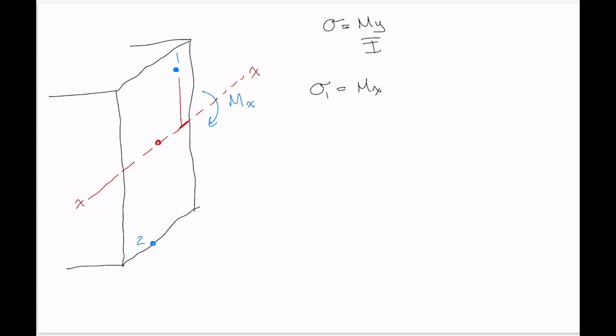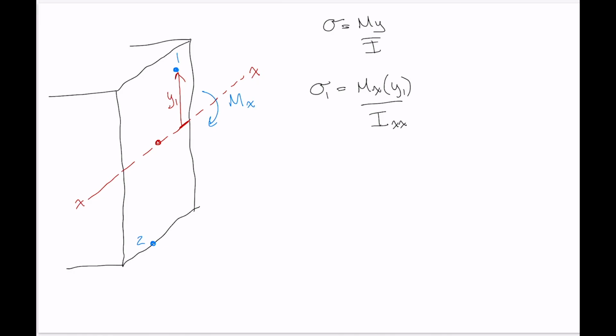So if we want the stress at 1, then this is the distance that we'd use, y1, divided by the moment of inertia. If we're looking for the stress due to moment Mx, then the moment of inertia in this equation has to be the inertia of the cross-section about the axis that the internal moment is acting about. So we need the moment of inertia of the cross-section about the xx axis in this case.